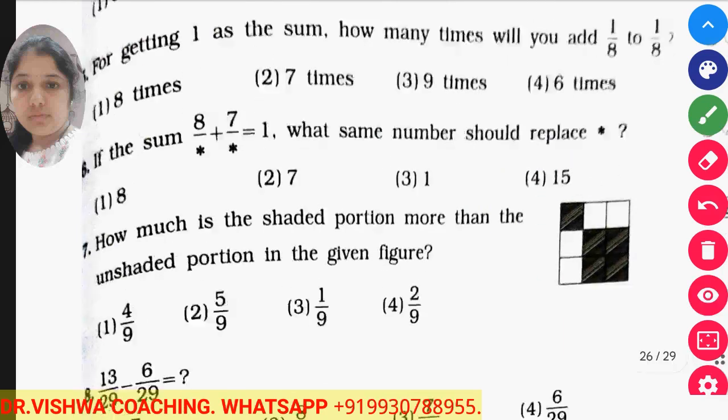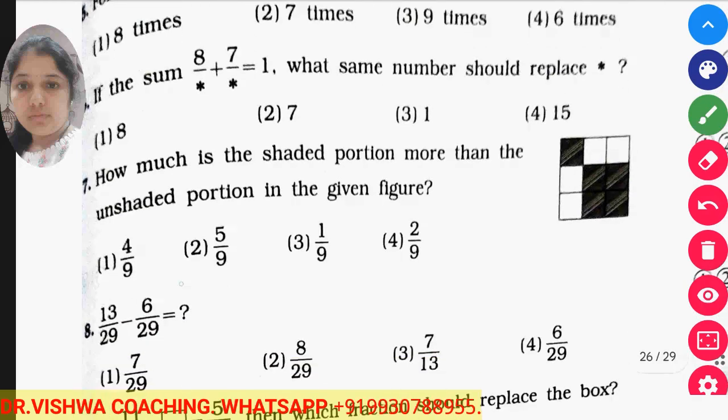Okay. How much is the shaded portion more than the unshaded portion in the given figure? Now write the fraction for the shaded portion, write the fraction for the unshaded portion and subtract. You will get the answer. I will show you. Now see, how many equal parts? 9 equal parts. Shaded portion 5 parts.